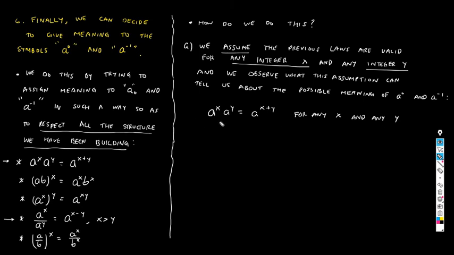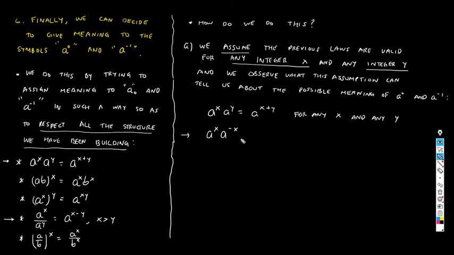Let's assume that. What conclusion can that bring? Well, if x and y can be any integer, then I can decide that y is equal to minus x. I'm going to make y equal to minus x, like this.